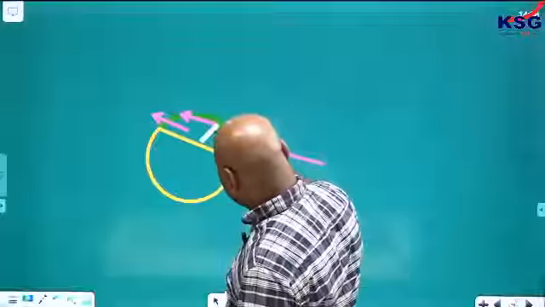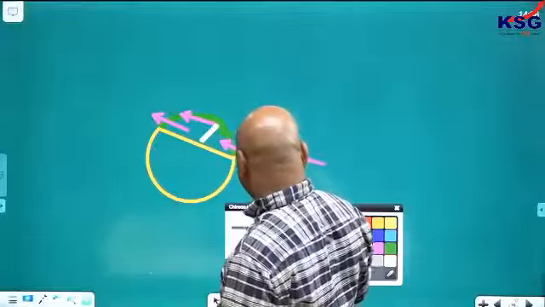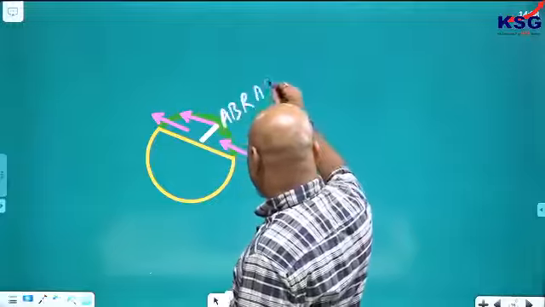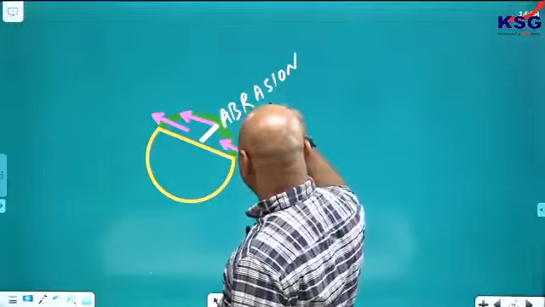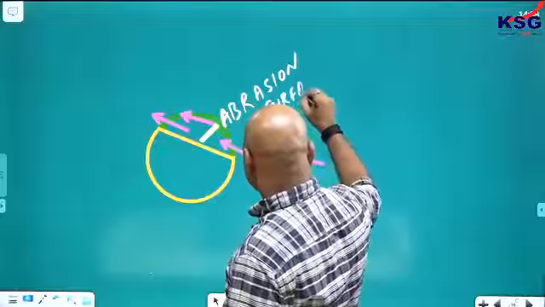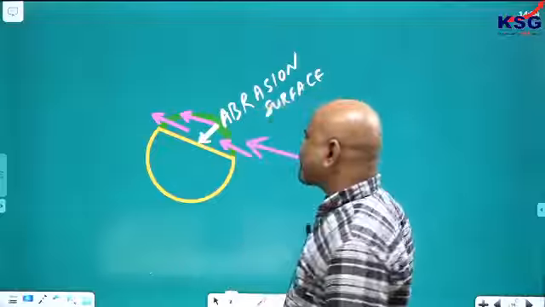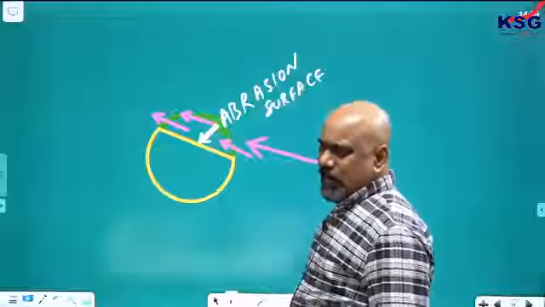This is the abrasion surface, isn't it? This is the surface of abrasion. Because of wind blasting and all, the abrasion surface is this, and this is formed.